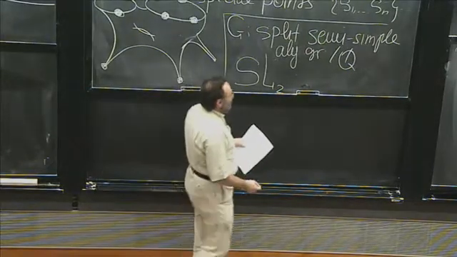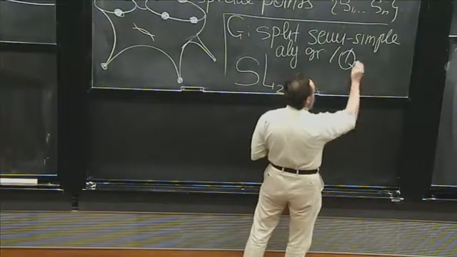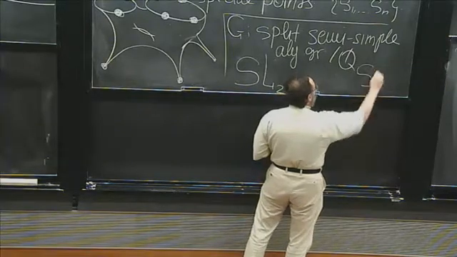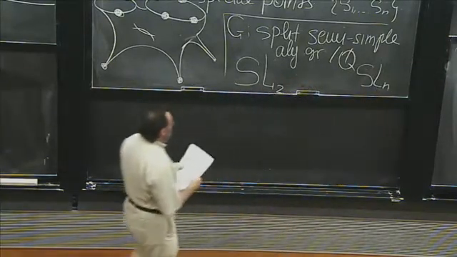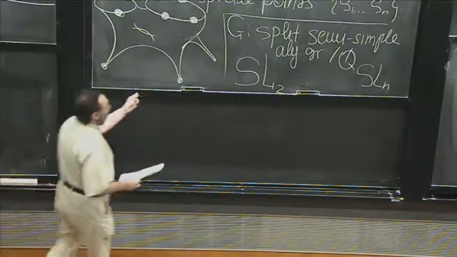And sometimes it will be new only when you go to groups other than that. So you can assume it's SLN if you don't want to go any higher. So that's the input. Now, what's the goal?